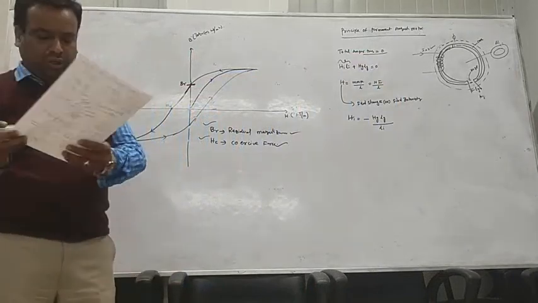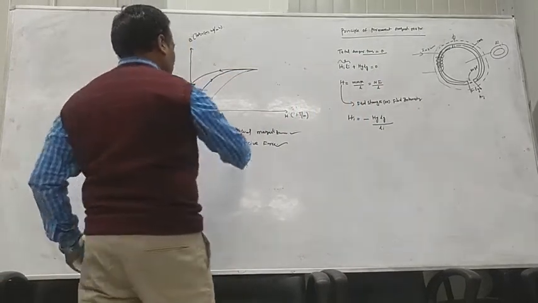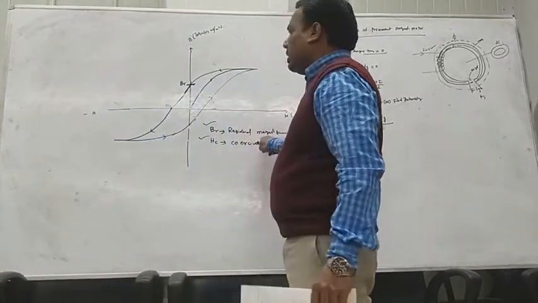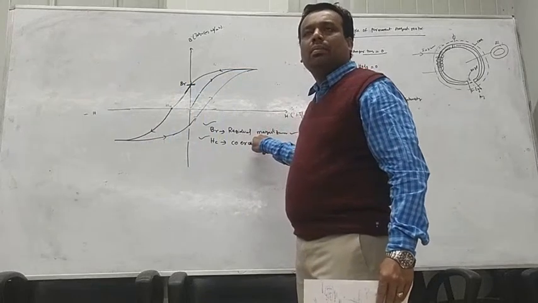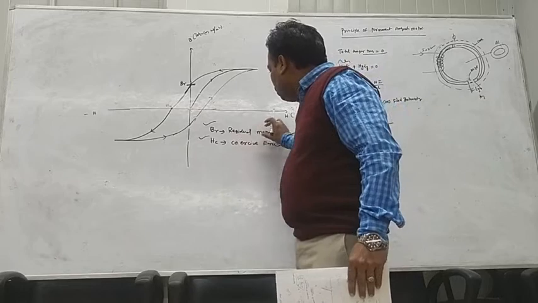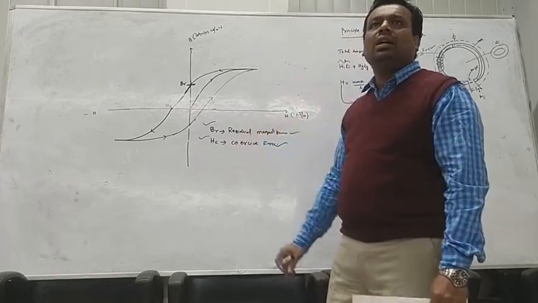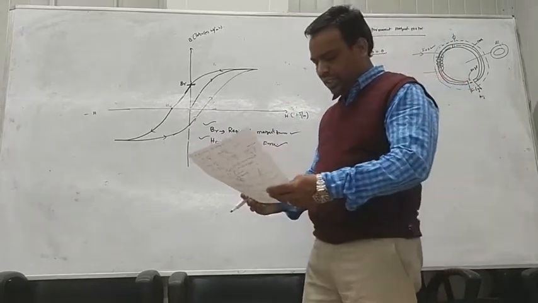Residual magnetism is also called remanent magnetism. So based on residual magnetism and coercive force, the permanent magnet is classified, and that we will discuss now.